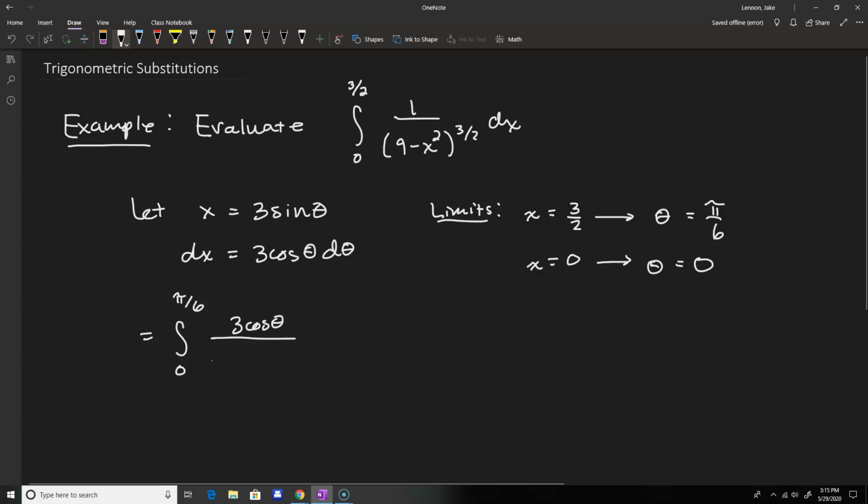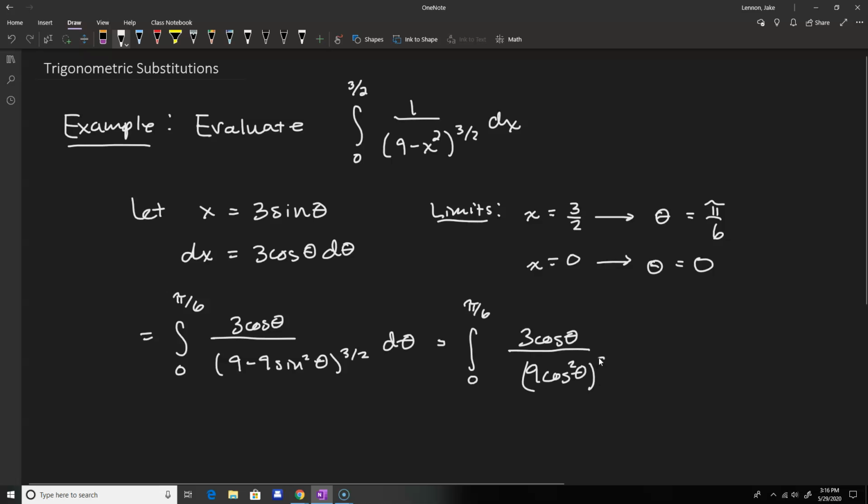divided by 9 minus 9 sine squared theta raised to the 3/2 d theta. And furthermore, we can now pull out the 1/9. Well, let's go ahead and simplify first. So let me add a step in there for you. We're going to go from 0 to pi over 6. I'll leave the 3 cosine theta alone on top, but the bottom is going to transform to 9 cosine squared theta from the Pythagorean identity raised to the 3/2.